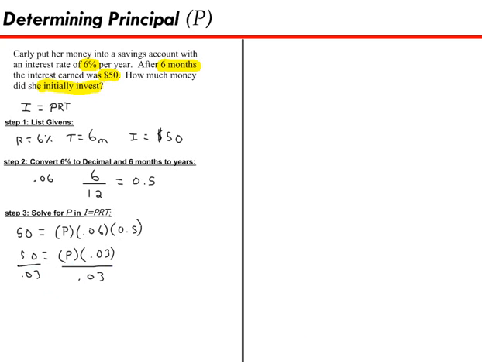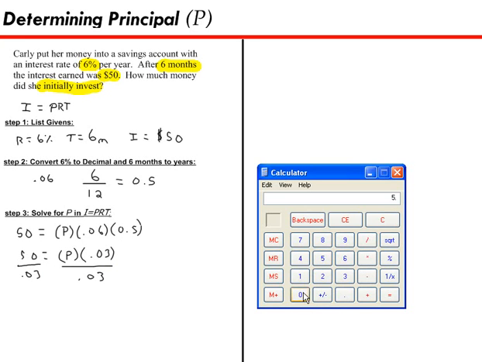I'll use the calculator for that. 50 divided by 0.03, and here's my answer. I'm going to round this off to 67 cents: $1,666.67.